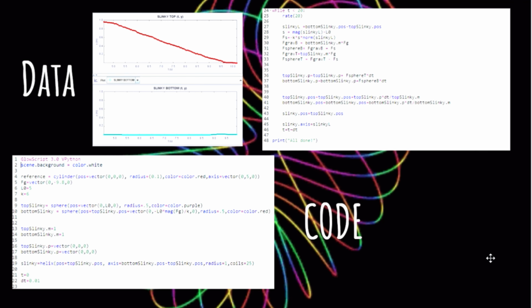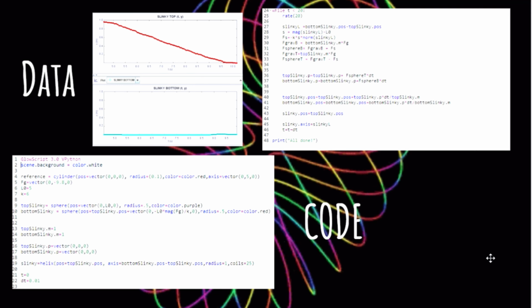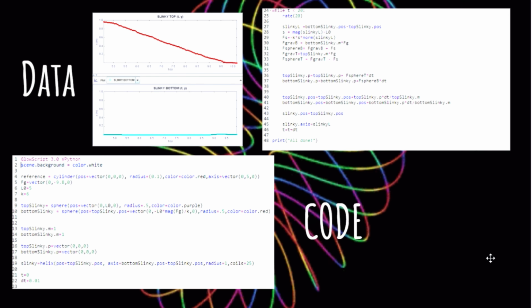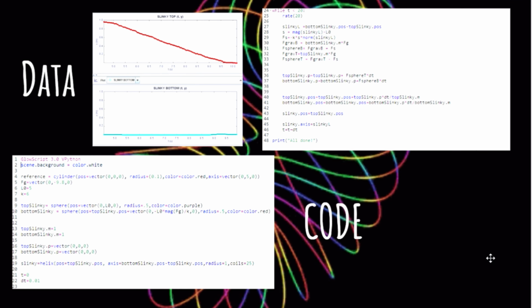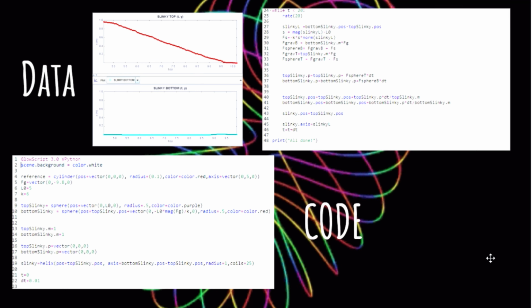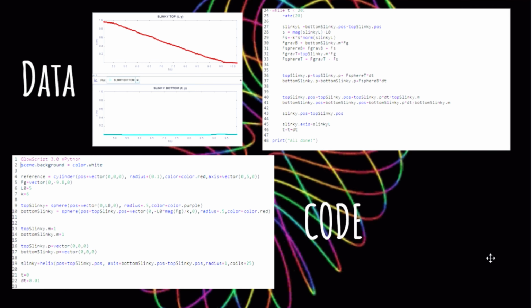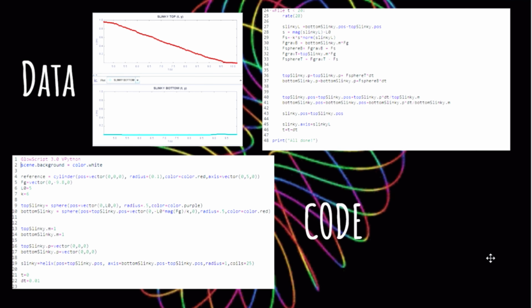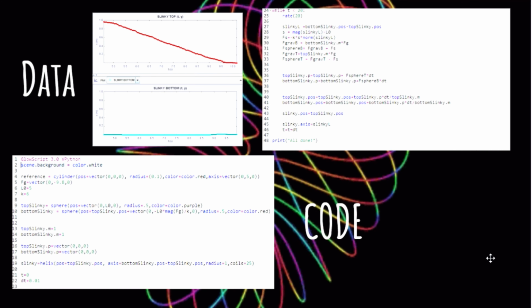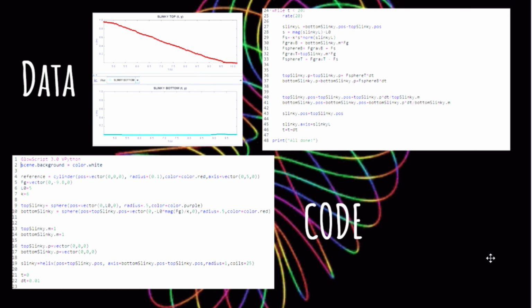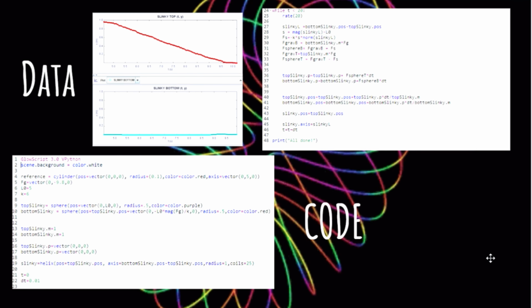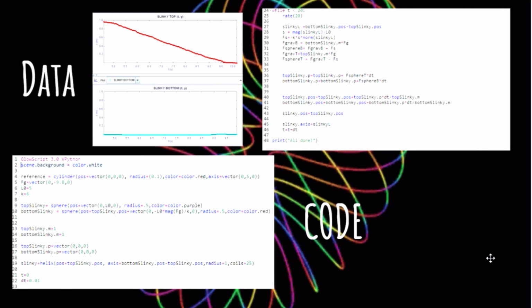So we find the total length of our slinky. We calculate our spring force. We calculate the gravity on our top and the bottom of our slinky, which I have represented by spheres. After we find our net force, we apply that to our momentum update formulas, which is the momentum of the top of our slinky plus the spring force times the change in time, the same for the bottom.